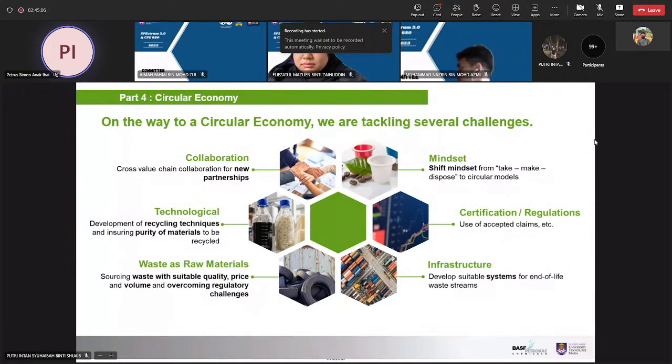Then there are certification and regulations, and the use of accepted claims, the waste as a raw material. So how to source the waste with suitable quality, price and volume, and how to overcome the regulatory challenges. And of course, the infrastructure itself: how to develop a suitable system for end-of-life waste streams.